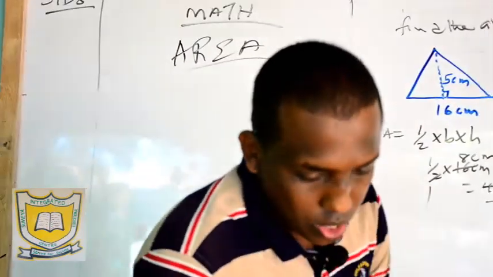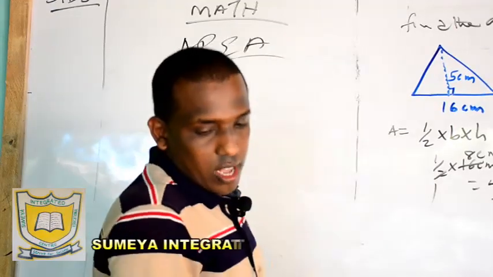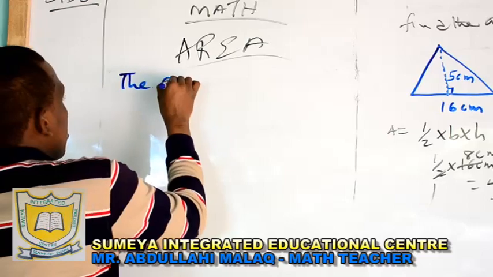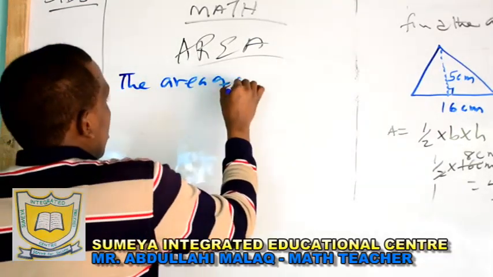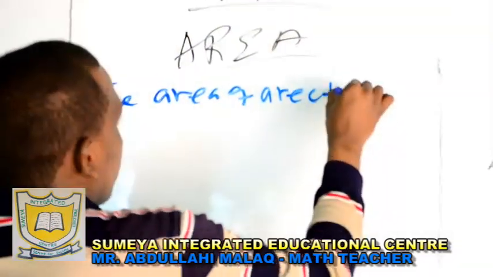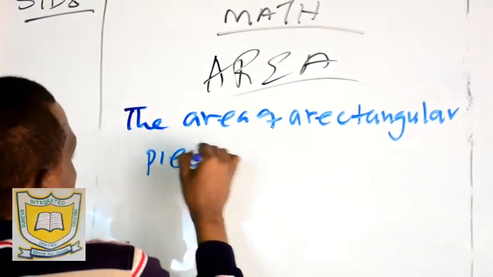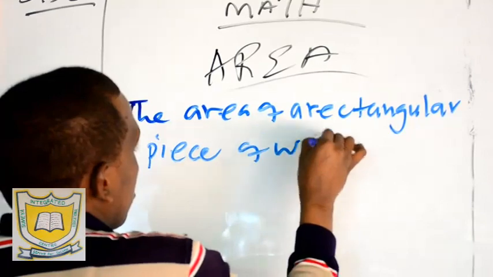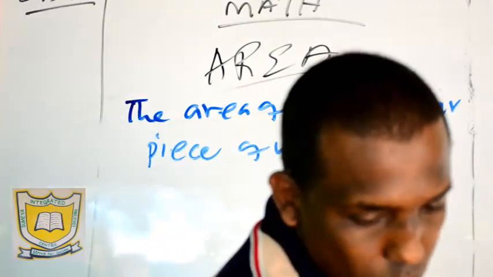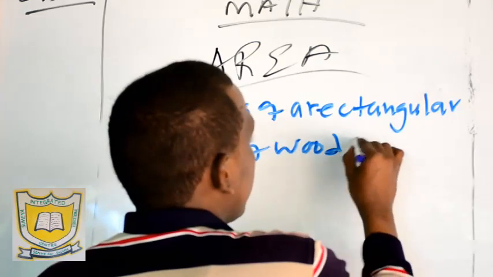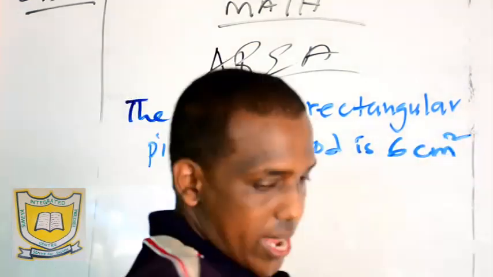Here there is a question you are told. The area of a rectangular piece of wood is 6 centimeter squared.